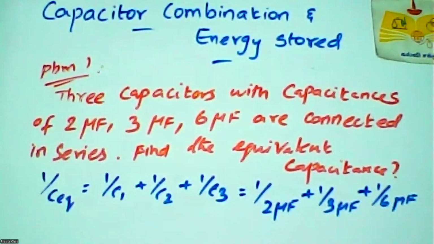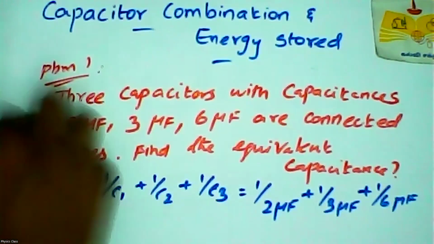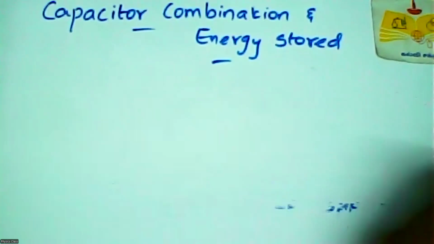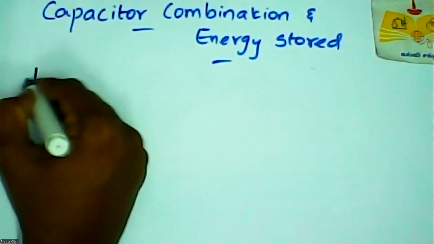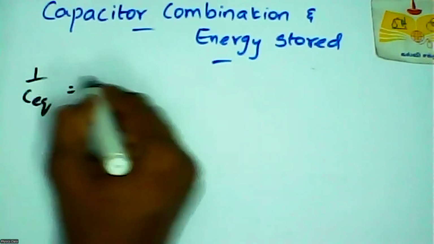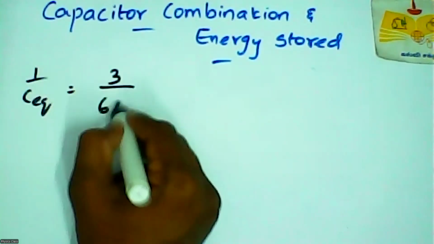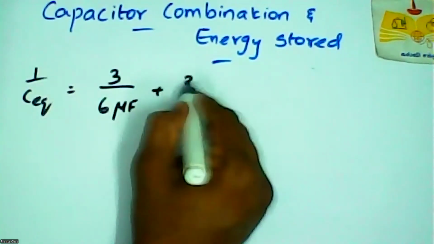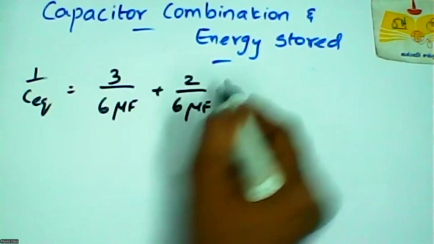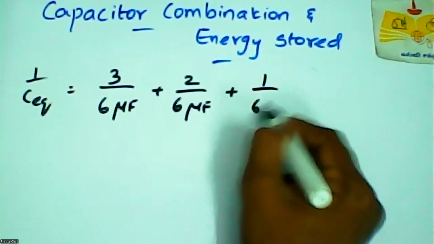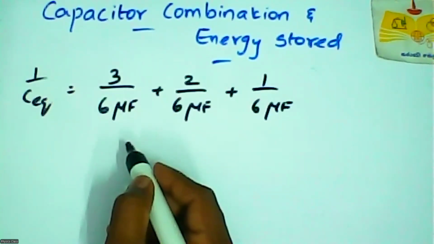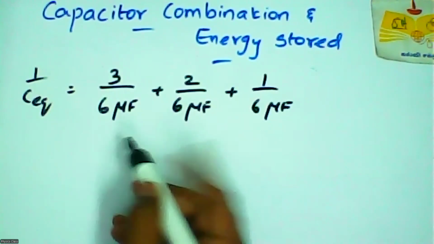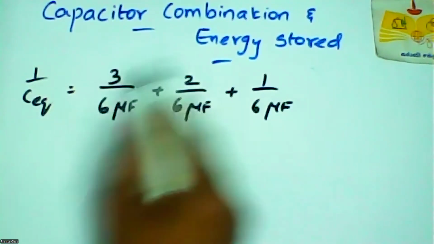So 3 by 6 microfarad, 2 by 6 microfarad, 1 by 6 microfarad. That's why I am putting it like this.